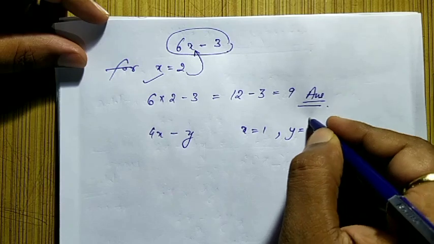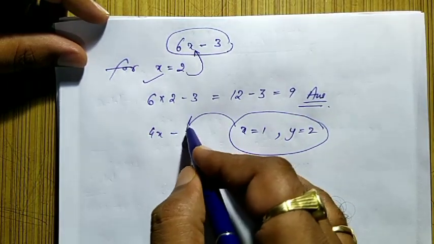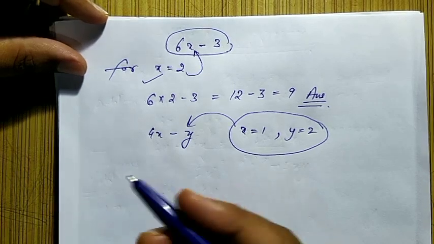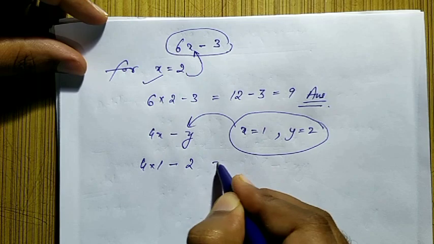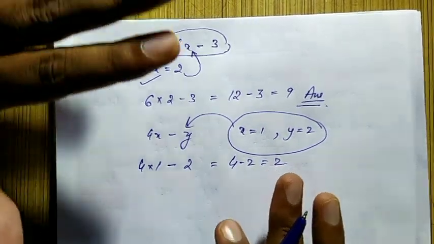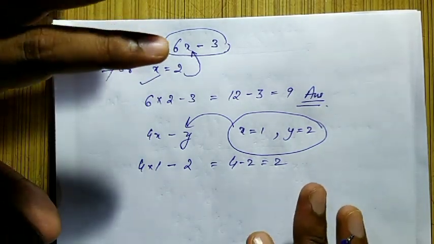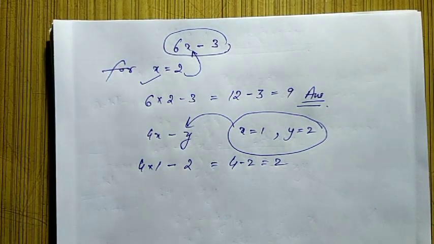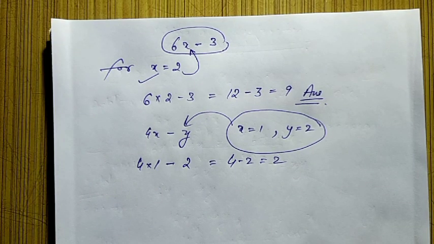You only have to put the value of x and y in the expression. So 4 into 1 minus 2 is 4 minus 2, which is 2. We will discuss this in the exercise also. This is only an idea of finding the value, addition, subtraction.